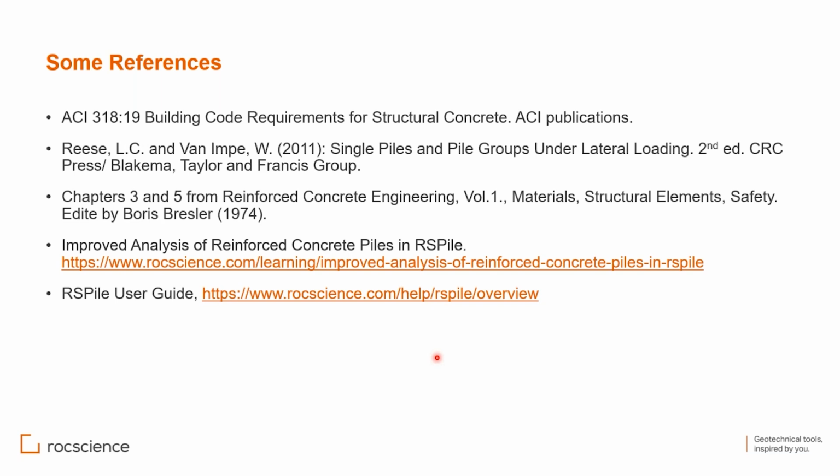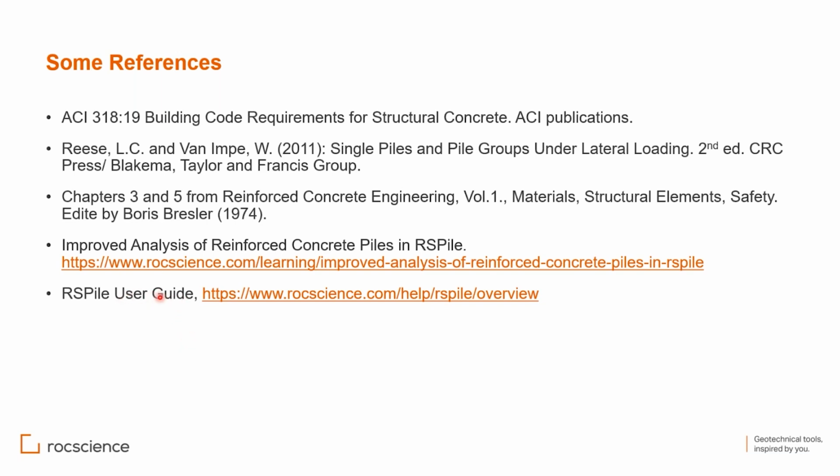You can always refer to our website, rockscience.com. There are a lot of documents and theory manuals and verification manuals and explanations. You will find them in Learning. And you choose RSPile because we have 18 products. So you choose Learning, then RSPile, and you will get the documents you need.